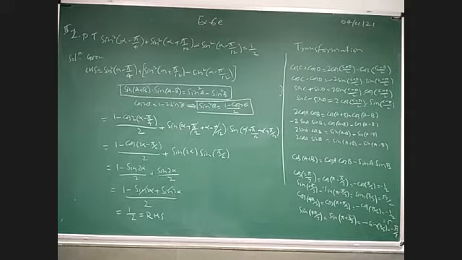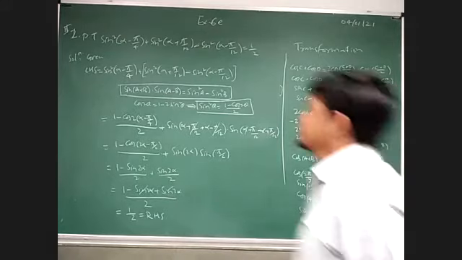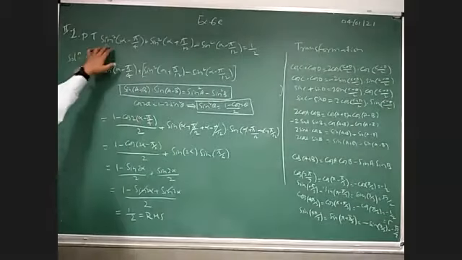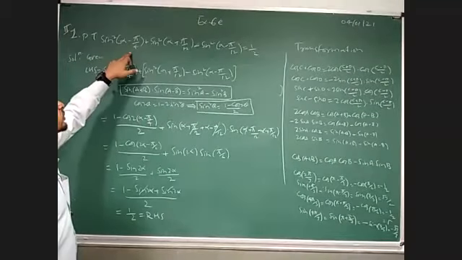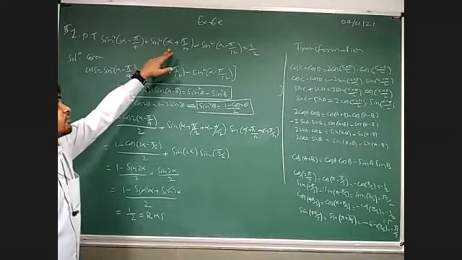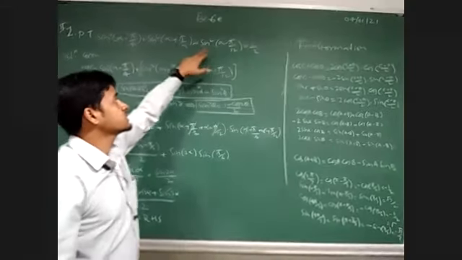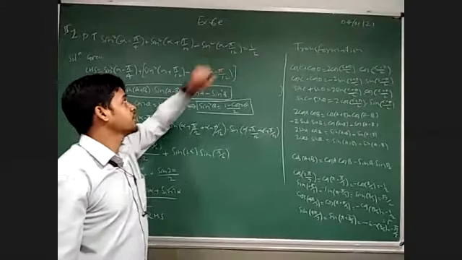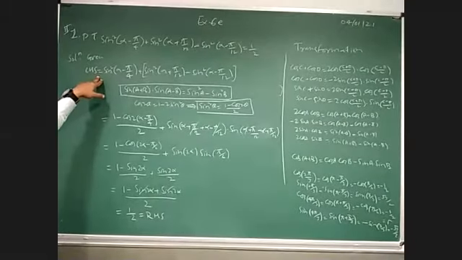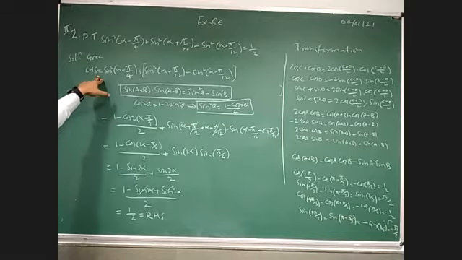Okay, so here I'm going to explain once again. This is our question: sine square (alpha minus pi by 12) and sine square (alpha plus pi by 12) minus sine square (alpha minus pi by 12). First step, I just wrote what is given.